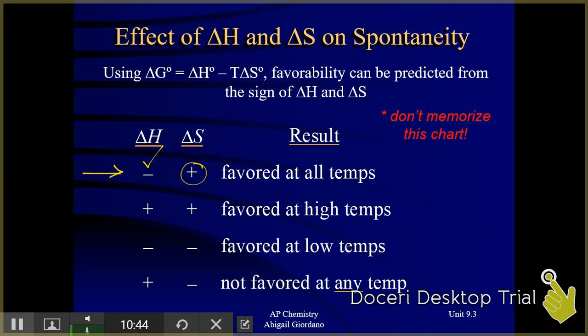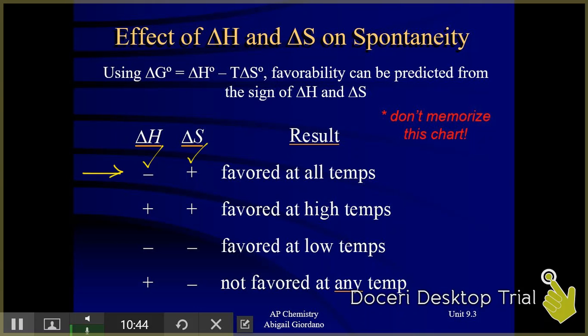What does a positive delta S mean? Positive delta S. Entropy is increasing. This process, whatever it is, is becoming more disordered. And that is what typically happens out in nature. So that is also likely to be favored.